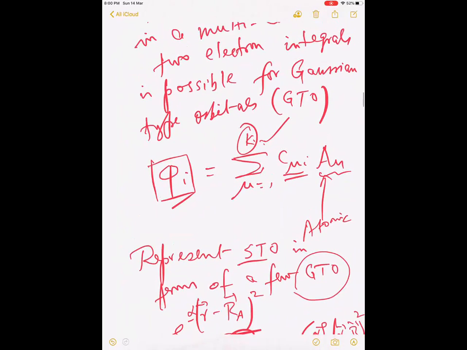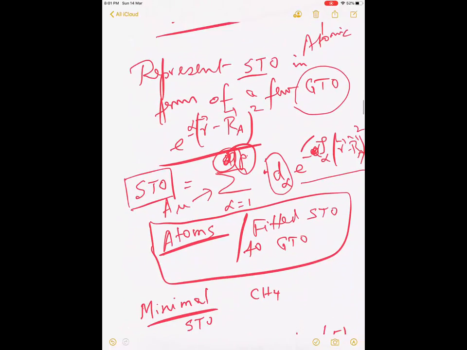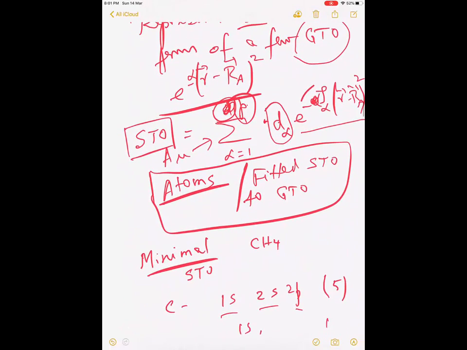Yes, here. So each of the molecular orbitals is expanded in a number of k orbitals. So even if I require only my occupied orbitals, I require as large a k as possible. So let's not forget that I require a large number of orbitals.